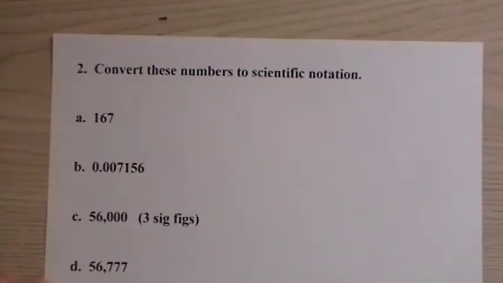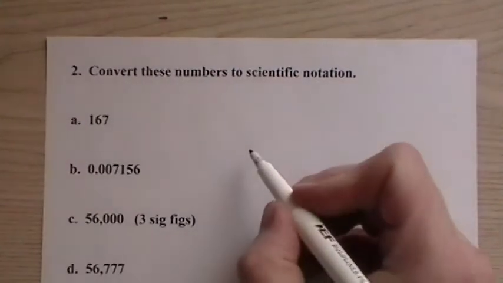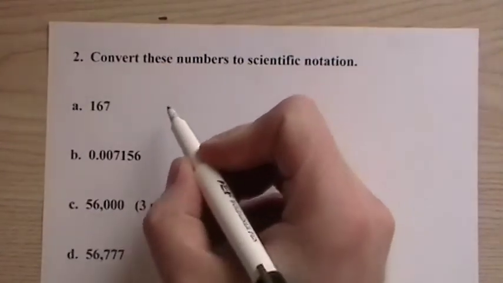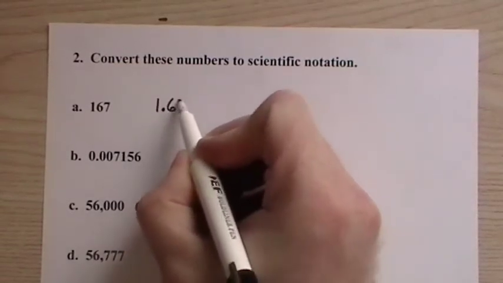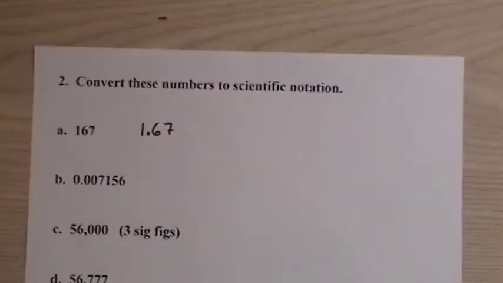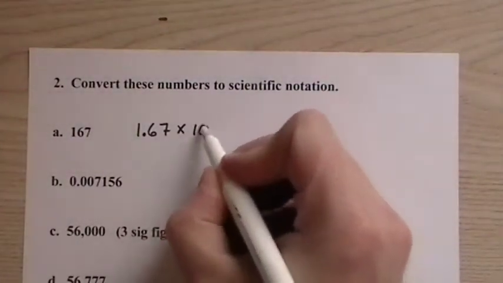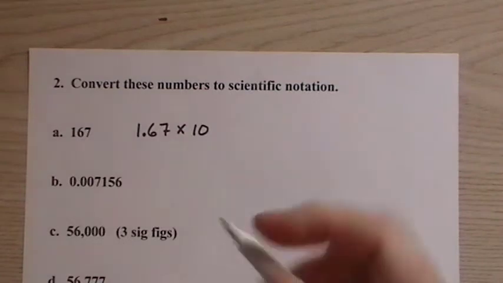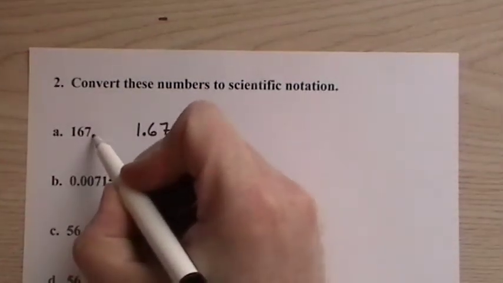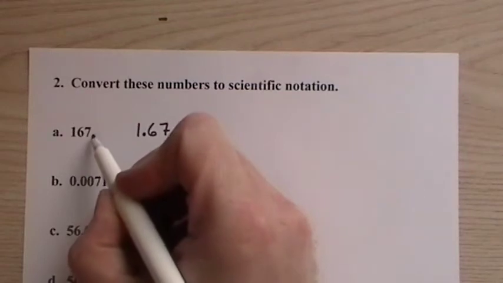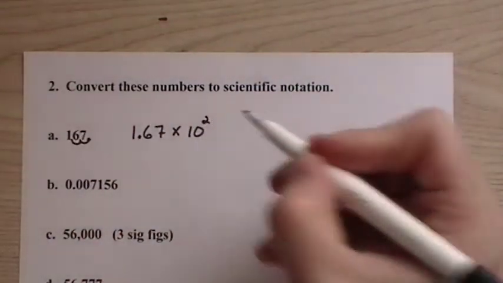So here we are. Convert these numbers to scientific notation. Now the rule is you only have one digit to the left of the decimal place, so we write it like this, and then we multiply it by 10 raised to some power. You can do it just by the rule of moving the decimal place over to the left twice, so this is a 2.